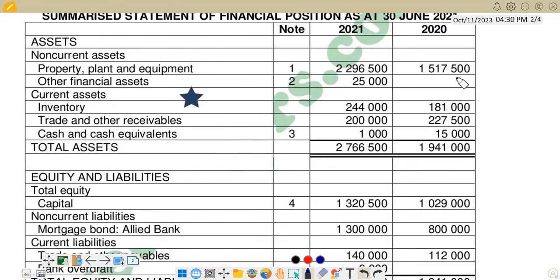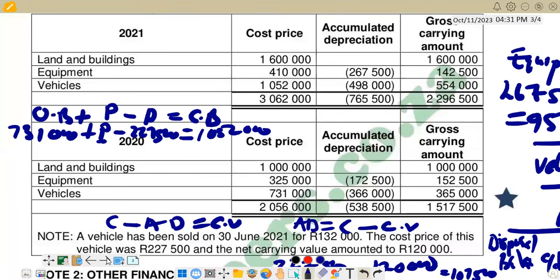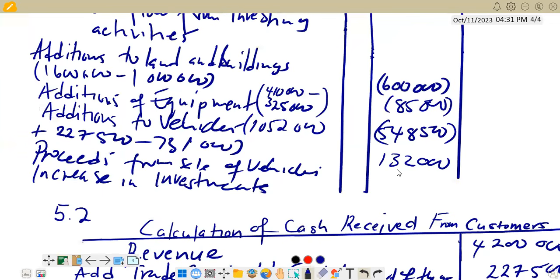Remember, we had nothing at the beginning of the year, but now we have got 25,000. So whenever there's an increase in the investment of financial assets, we represent it as an outflow. It's a negative figure. So we are going to put that 25,000 as a negative figure.